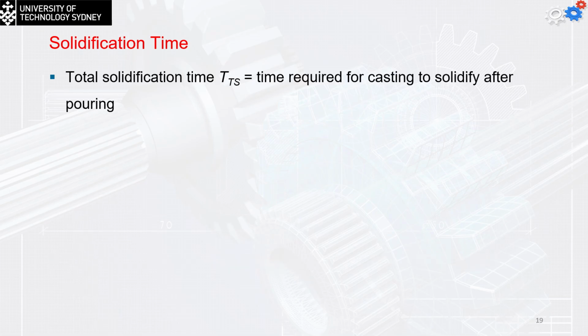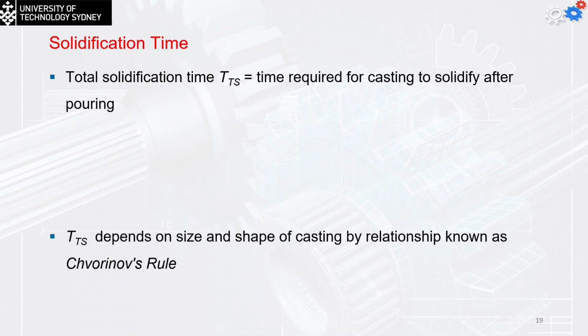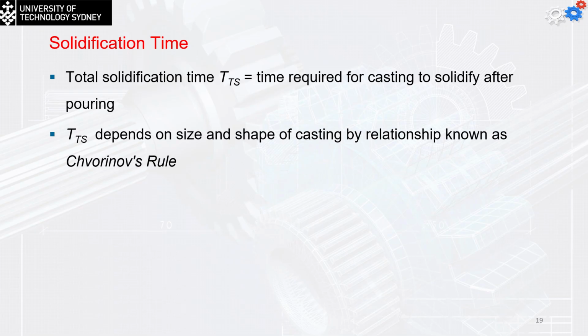So the total solidification time, or TST, is the time required for the casting to solidify after the pouring. The solidification time depends on the size and the shape of the casting by a relationship known as Chvorinov's rule. Remember that the larger size and the more complicated shape is going to take a longer time to cool down.